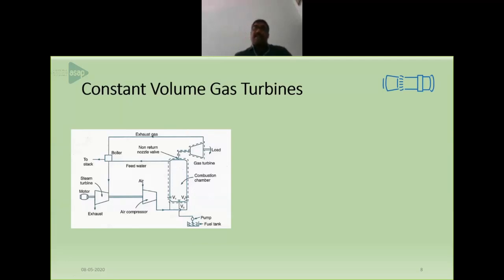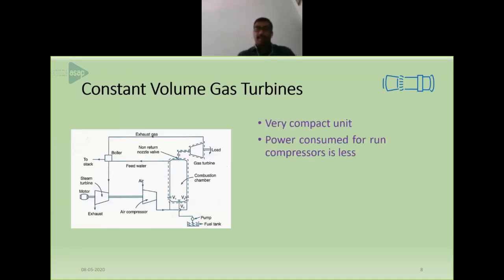After reaching a higher pressure, say of the order of 13 to 14 bar, the non-return valve kept here will get opened, through which the air fuel mixture will flow to the gas turbine. So inside the combustion chamber, there will be constant volume. After the combustion, when there is sufficient pressure, only then will there be flow from the combustion chamber to the gas turbine. That is the working principle of constant volume gas turbines.